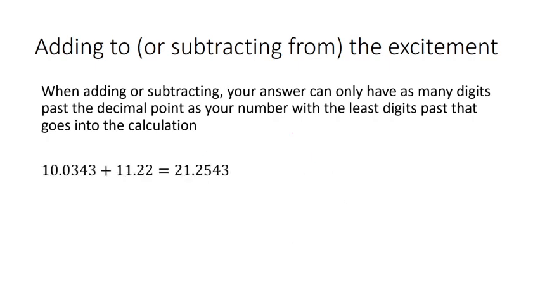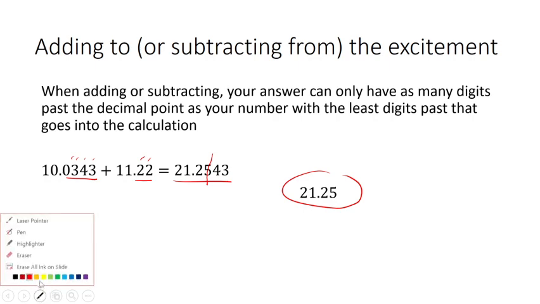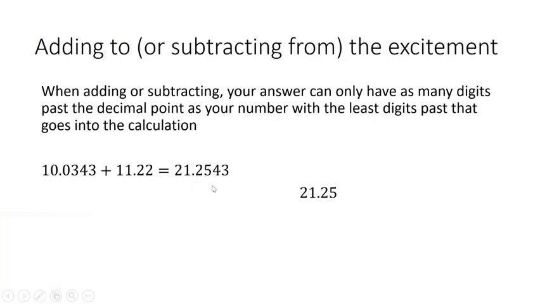So here, adding these digits past the decimal, we have 1, 2, 3, 4 places past the decimal in one number, and 1, 2 digits past the decimal in another. Now, when we do this in a calculator, it will probably give us something like this. However, we can only have 2 digits past the decimal in our answer. So we cut it off there. Our answer with respect to significant digits is 21.25, even though our calculator will give us more digits.